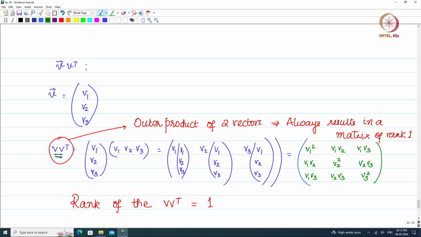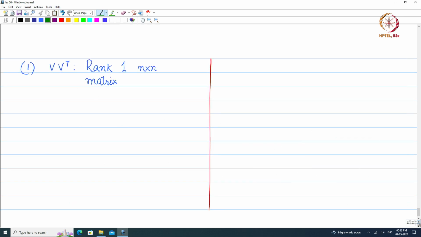VV transpose, the outer product of a vector with itself, results in a symmetric rank 1 matrix. So VV transpose results in a rank 1 n by n symmetric matrix.